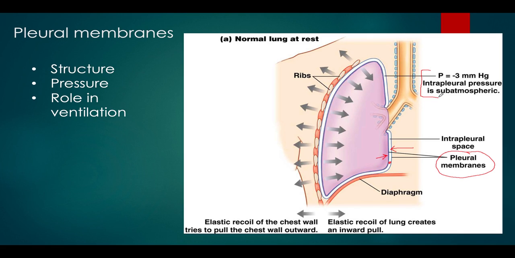Well, the more they pull apart, the more you create a negative pressure between them and the more they're held together. So the pulling apart generates a negative pressure that keeps them from becoming disassociated. That negative pressure is just a couple of millimeters of mercury on the negative side relative to atmospheric pressure. And we'll come back to that in just a minute with Boyle's law.